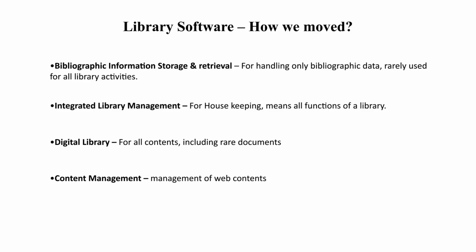Now let's start with the very first software, for bibliographic information storage and retrieval, and that is CDSIS. As you know, its name is Computerized Documentation System, Integrated Set of Information System.